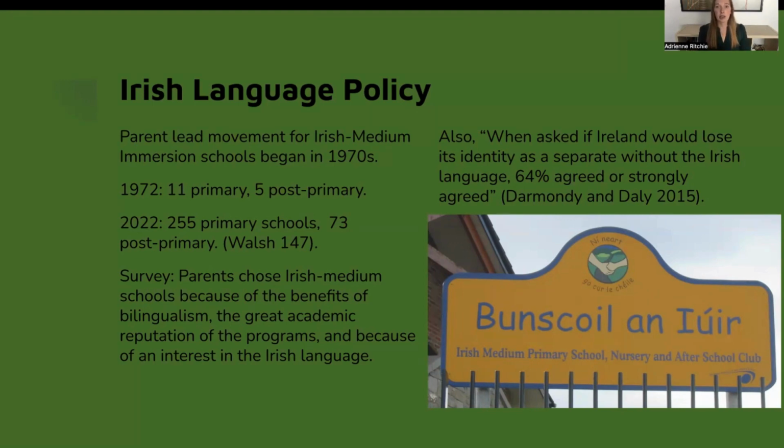So in 1972, right before this shift in policy, there were only 11 primary schools and 5 post-primary schools that were Irish medium immersion schools in Ireland. Yet in 2022, just 51 years later, there were 255 primary schools and 73 post-primary schools that were offering Irish medium immersion.